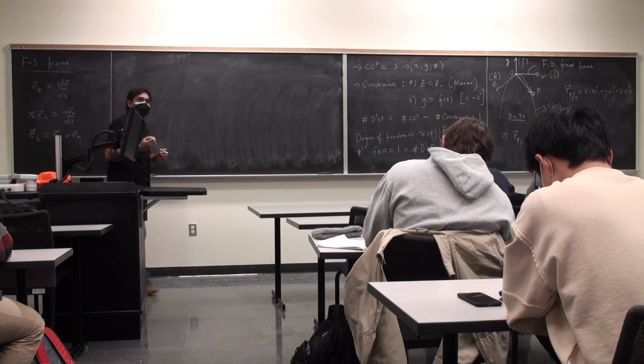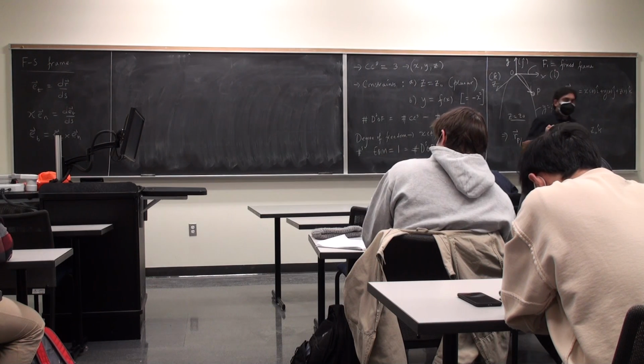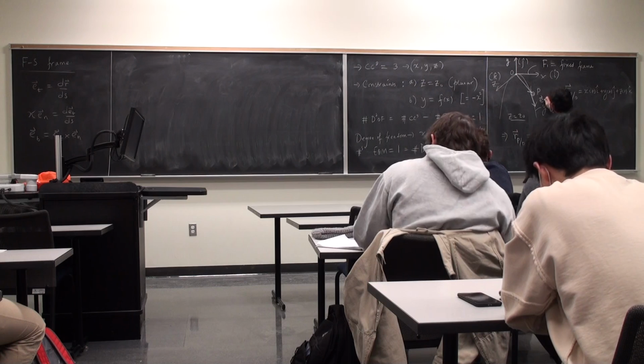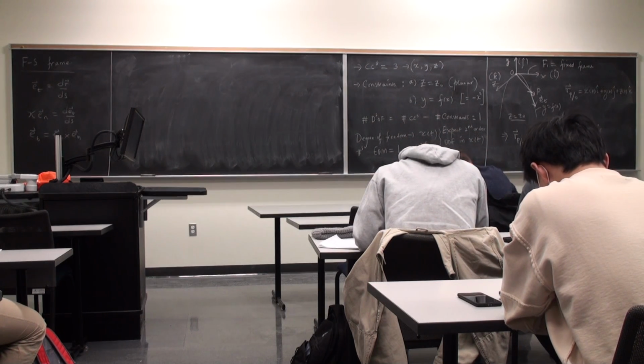And obviously, at any instant in time, the tangential vector is going to be tangent to the particle path at that particular point. So in this case, the tangent vector is going to be e_t.